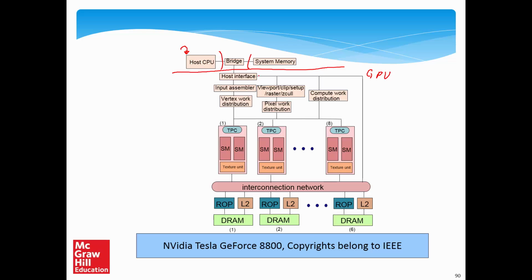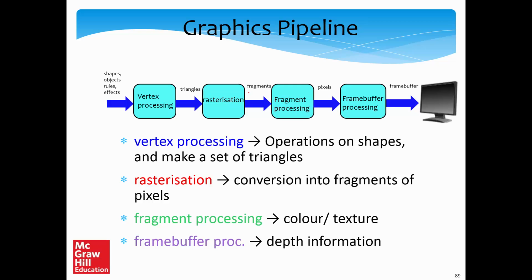So the first thing is we have a host interface. The host interface interacts with the host CPU and gets work from it. Subsequently, there are different units of the GPU. First there are some traditional units whose job is to do the graphics oriented tasks. The first is the vertex processor, which processes shapes, objects, rules, and effects.